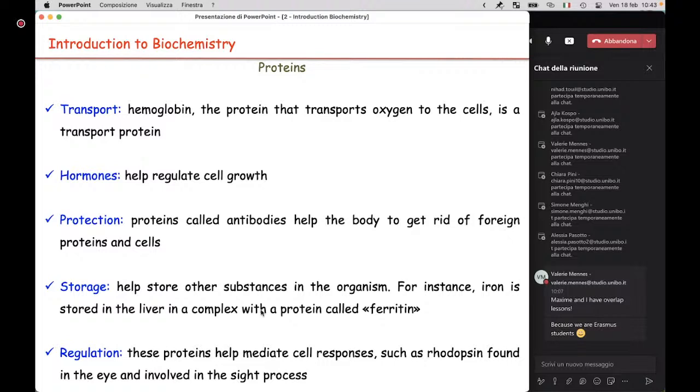Of course, this is found in the eye, and it is one of the mechanisms that allows us to see, that enables vision. The change of structure of rhodopsin, which is a protein, when it is struck by light.